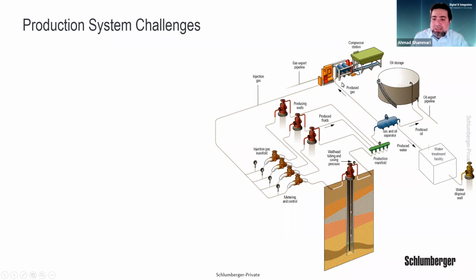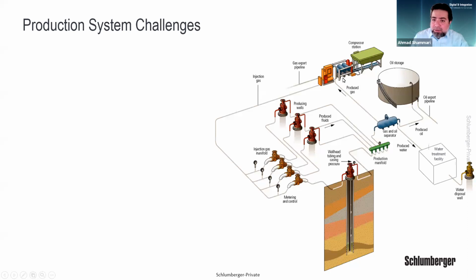The gas could be exported, sometimes back injected to the reservoir, or in this scenario we are using the produced gas for gas injection. As a matter of fact, in this schematic we also have a gas export line.